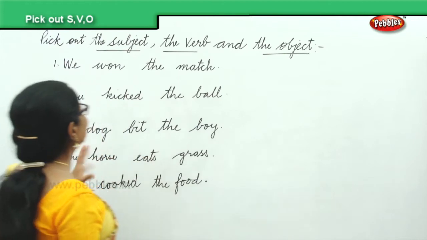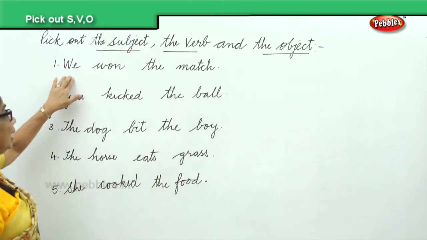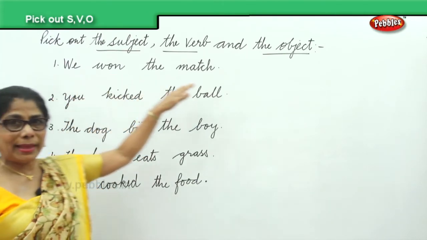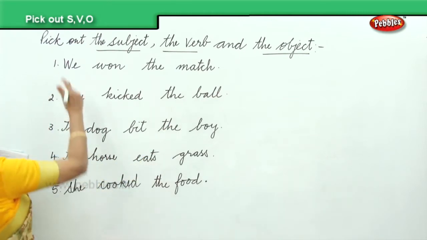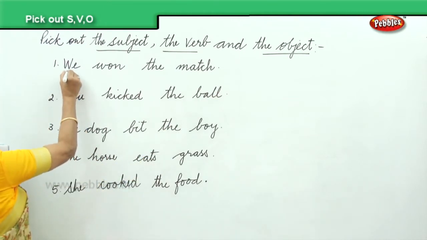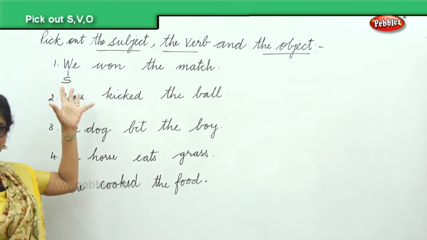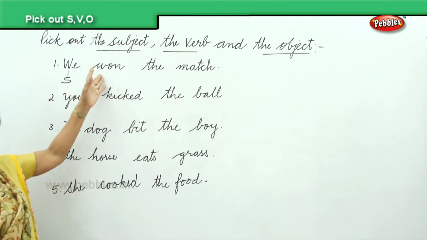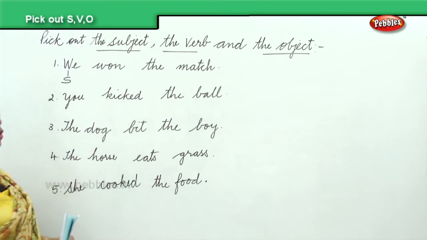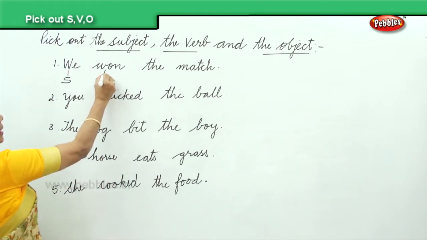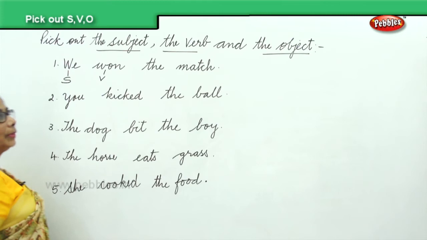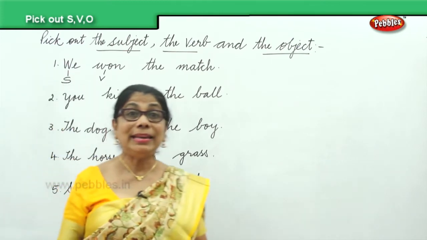Now, let's look at it. We won the match. We. So we will write S for the subject. Okay? We. Won. That is the action word, and that's a verb. And what did we win?